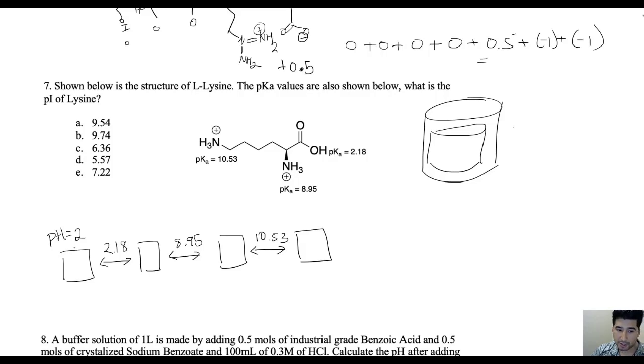So when the pH is 2, that means that the pH is less than every single one of these pKa's. And when the pH is less than the pKa, what do you do? You protonate. And conversely, when the pH is greater than the pKa, you will deprotonate.